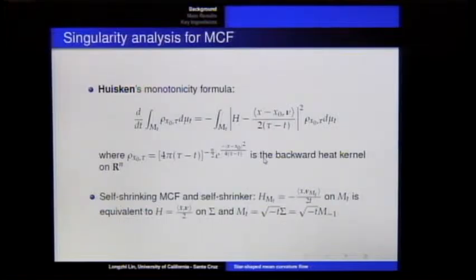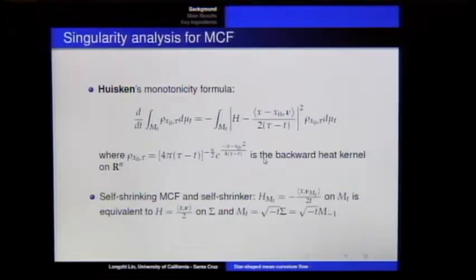People nowadays try to construct solutions to this PDE, which are singularity models for the mean curvature flow. But a more interesting question is, besides constructing the self-shrinkers, can you construct a mean curvature flow that actually develops a singularity modeled on the self-shrinker that you constructed?